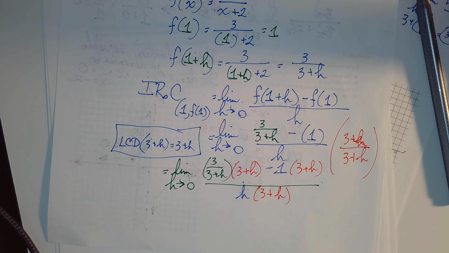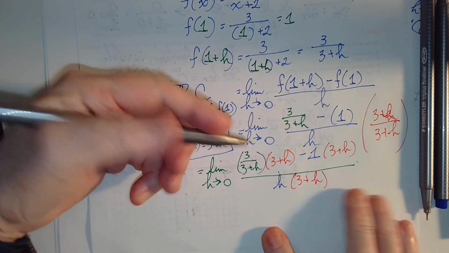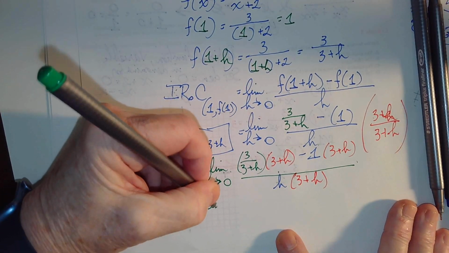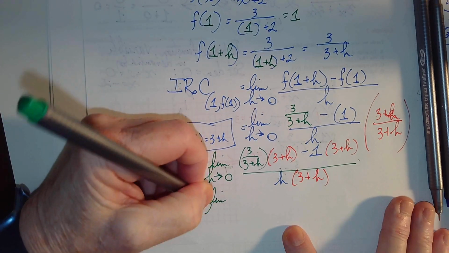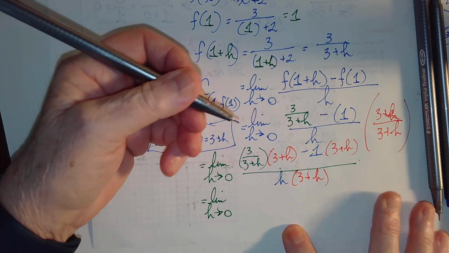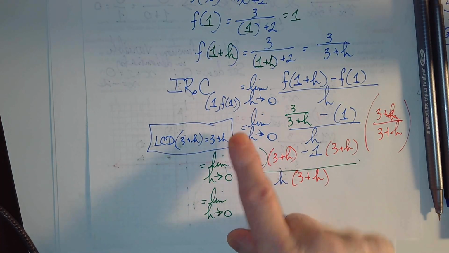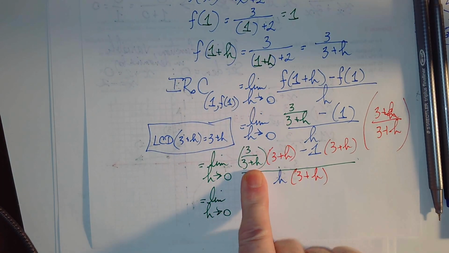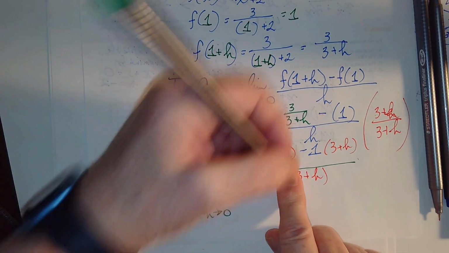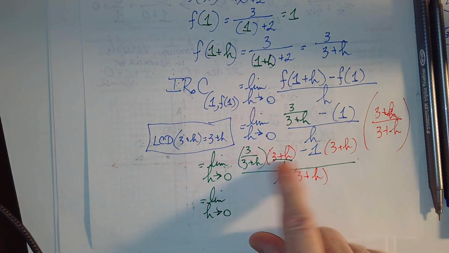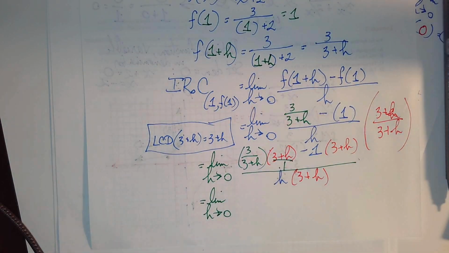Now, let's multiply, simplify, and we're just about done. So we have the limit as h goes to 0. I have 3 plus h in a denominator, and I have 3 plus h in a numerator.